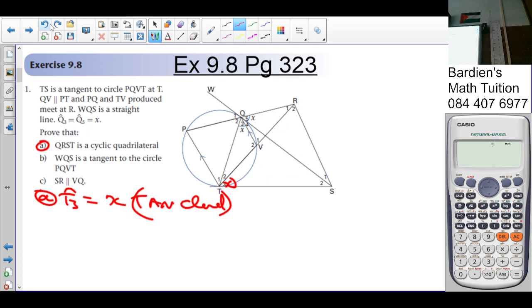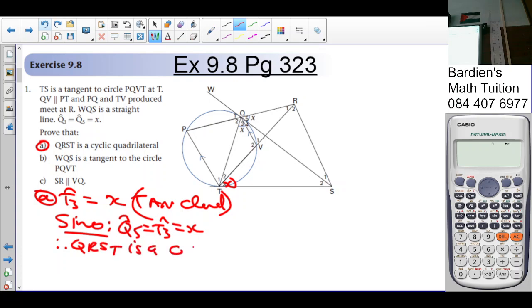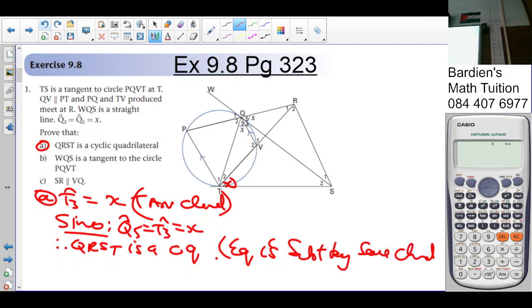So we said since Q5 is equal to T3, which is equal to x, therefore QRST is a cyclic quad. Why? Equal angles subtended by the same chord.